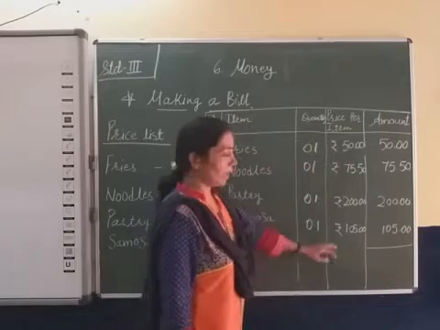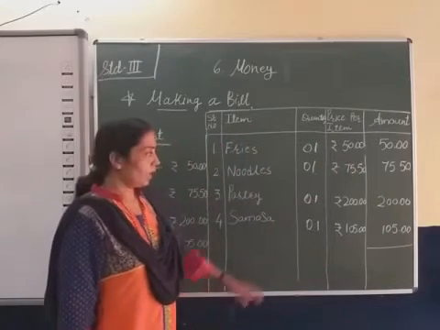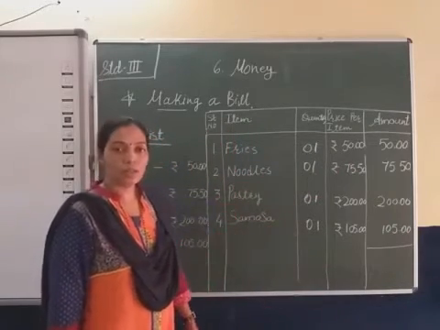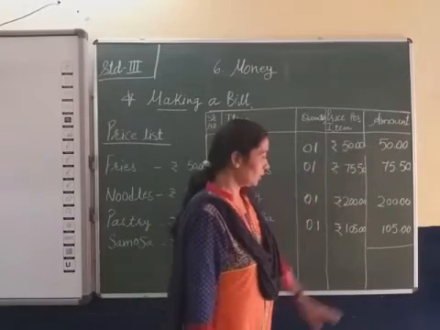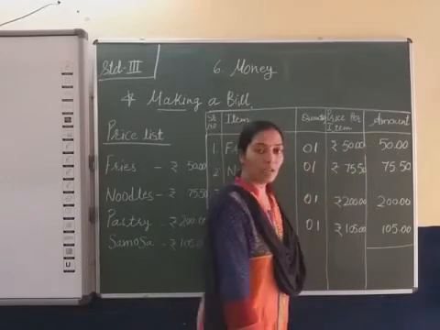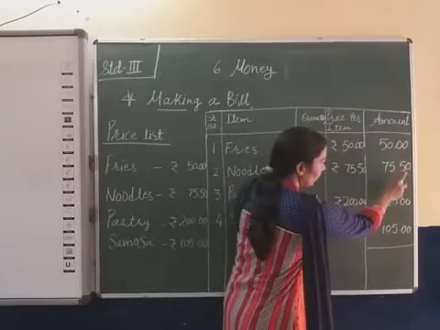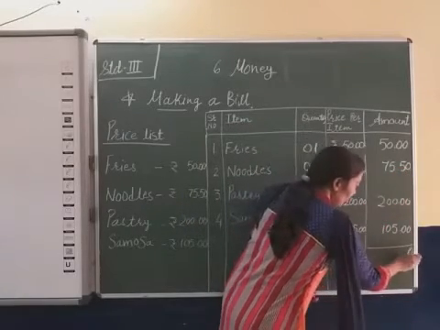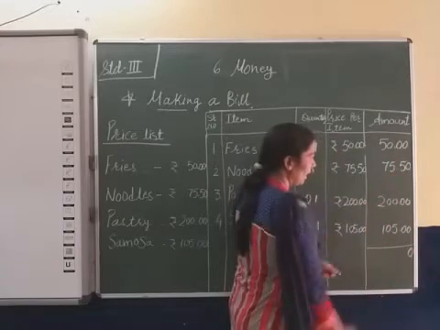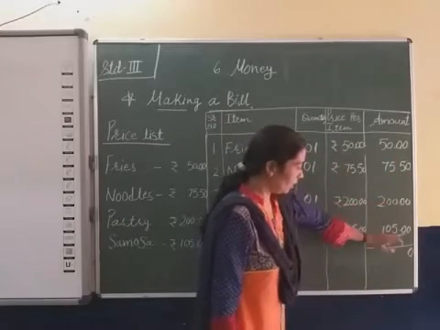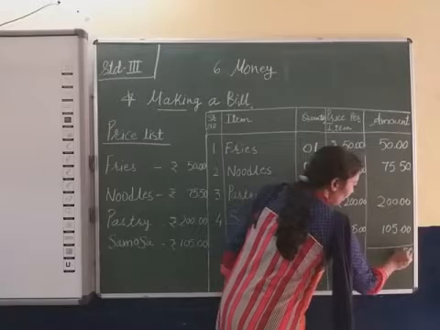Now what do we have to do? We have to add all these amounts. First we add the paisa. Paisa is only here 0, 0, 0, then 0 plus 5, 5, then here 0, so 50 paisa.